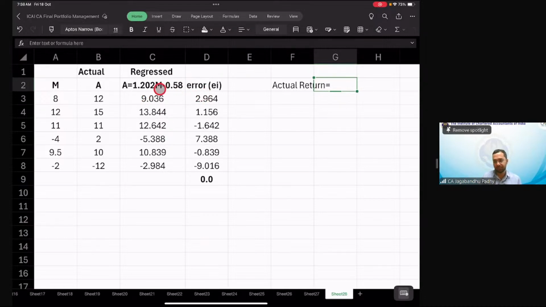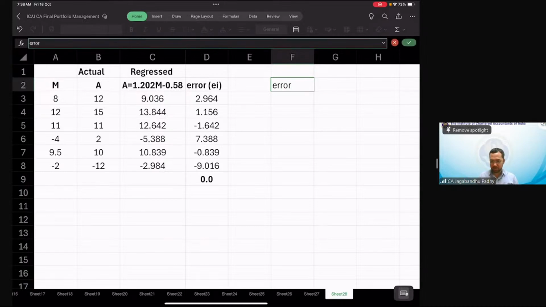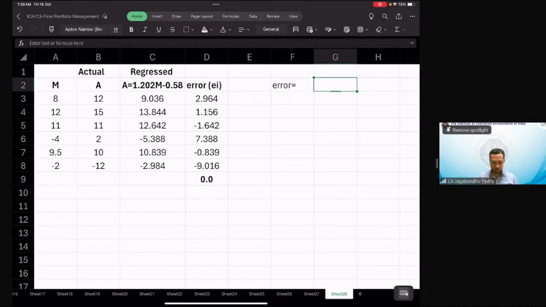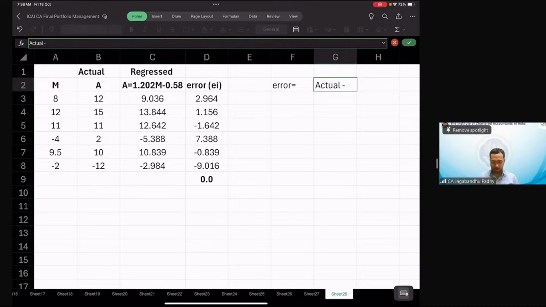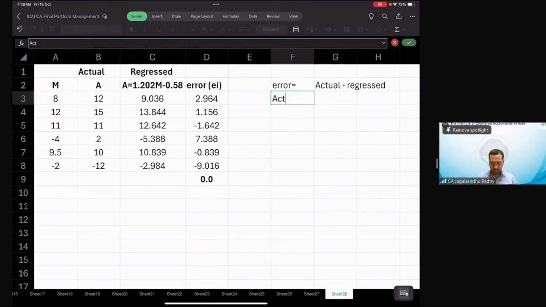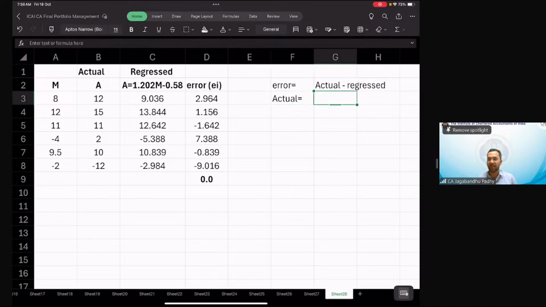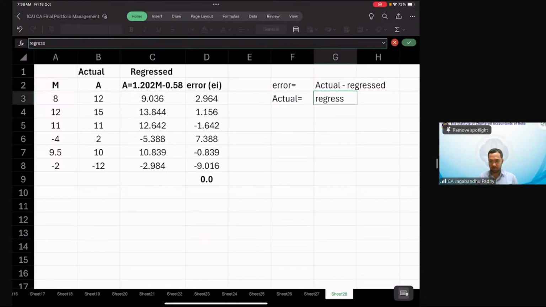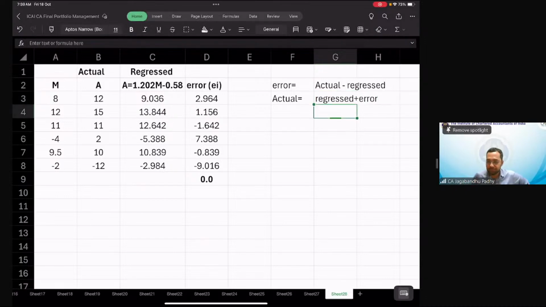The error in our estimation is actual minus regressed, so I can simply rearrange and say that the actual return is nothing but the regressed return plus the error term.